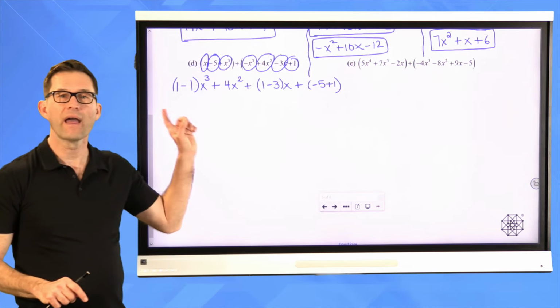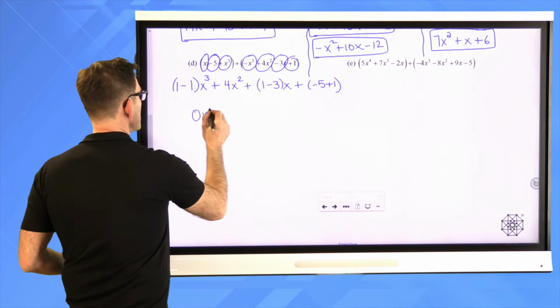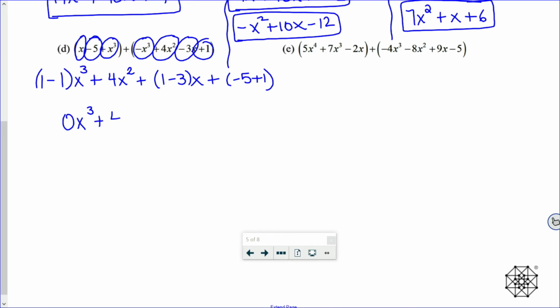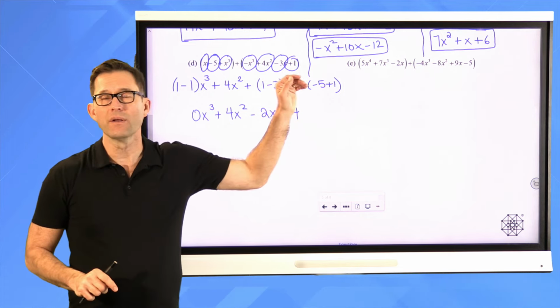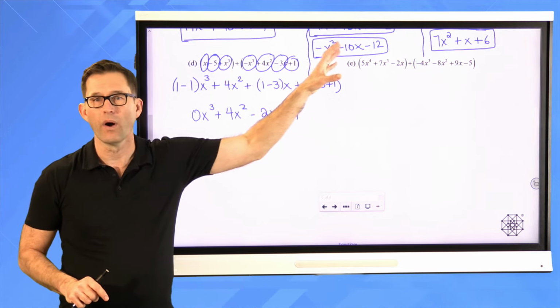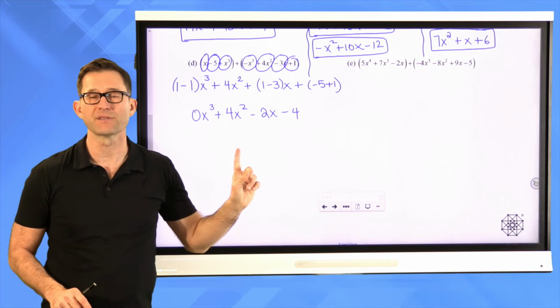Now here I have 1 minus 1 times x cubed. So that's like literally 0x cubed. 4x to the second. Negative 2x to the first, and minus 4 at the end. Now, unlike these other ones where we could have left it as like negative 1x squared or positive 1x, we should never leave it like this, okay?